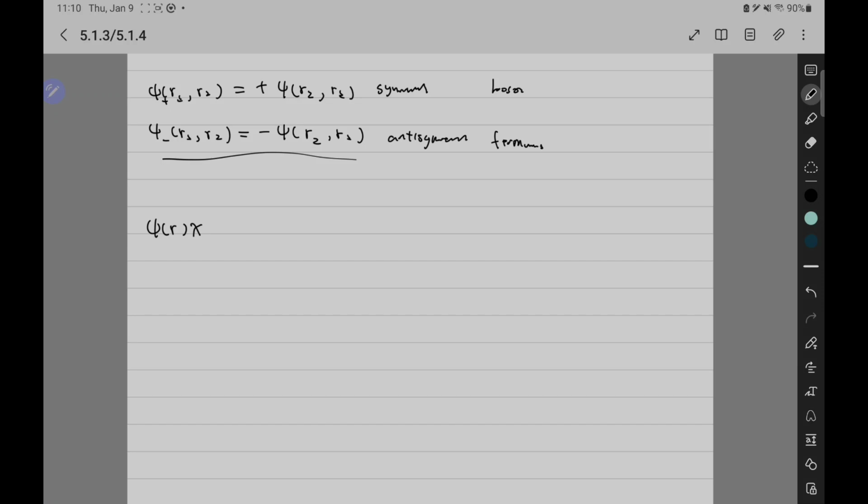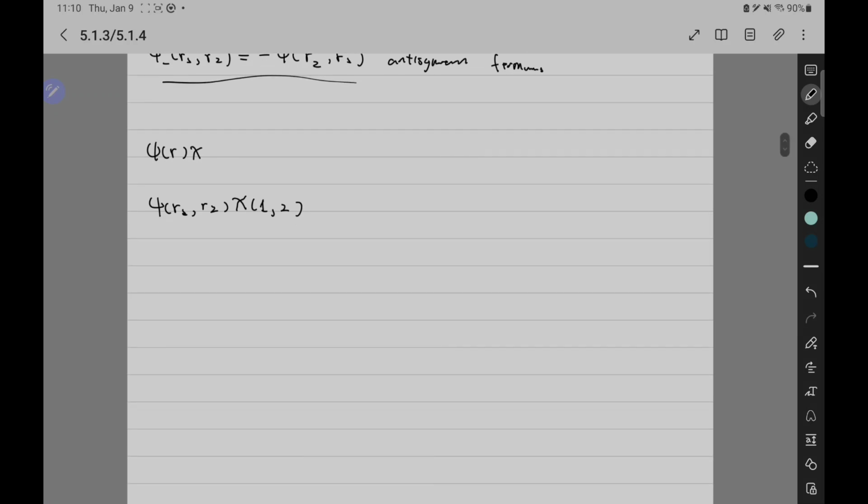When we have two-particle states, psi of r1, r2, similar as before, we have chi of 1 and 2. So it is the whole wave function, not just the spatial part, that has to be anti-symmetric with respect to exchange. So let's write down the formula and take a closer look.